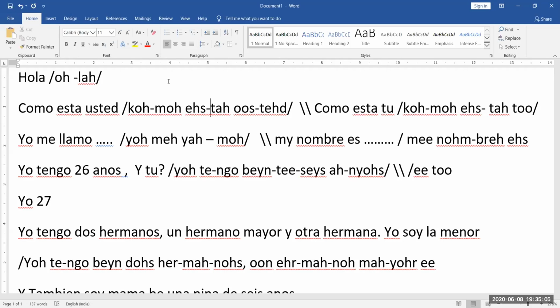I'm giving respect over that. However, if I'm meeting Anvesh, I would say "¿Cómo estás tú?" How are you? That's why I have mentioned both, and you have the pronunciations as well in the forward slash.